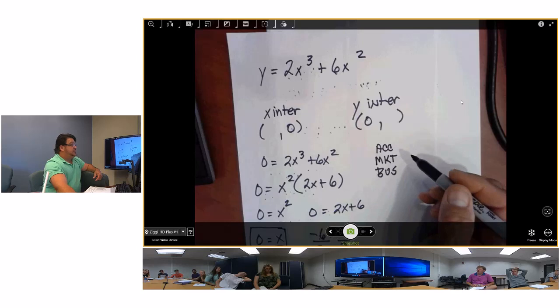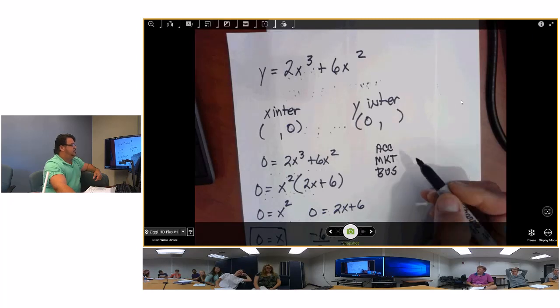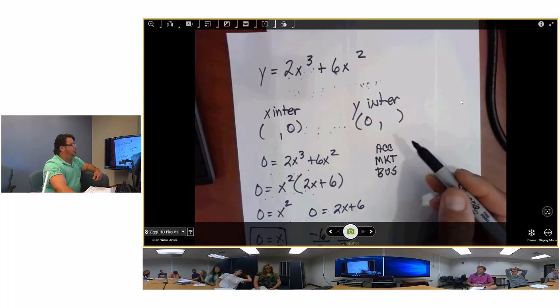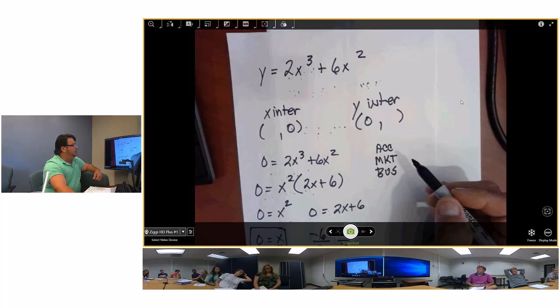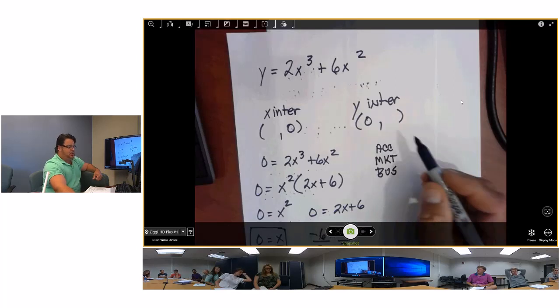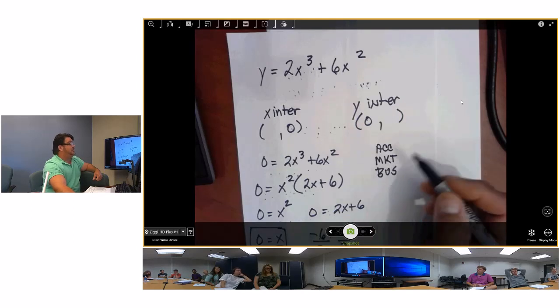Well, if I make 75 widgets and it costs me $200,000 to make 75 widgets, how much is it going to cost me to make 160? That's where this comes in. Or where do I bottom out? Where do I bottom out and make less money? And that's where the x and y intercepts come into play, as well as the curve and the graph.